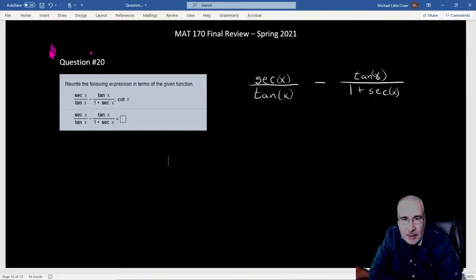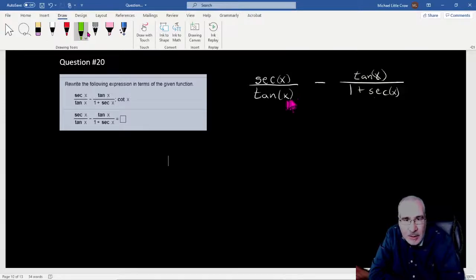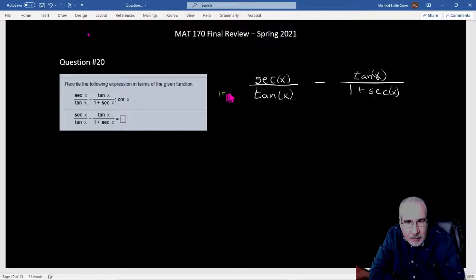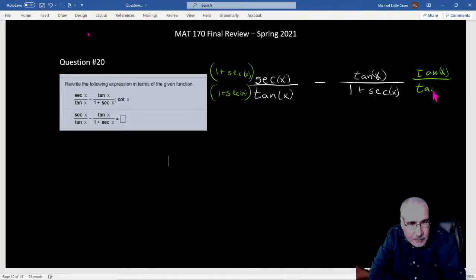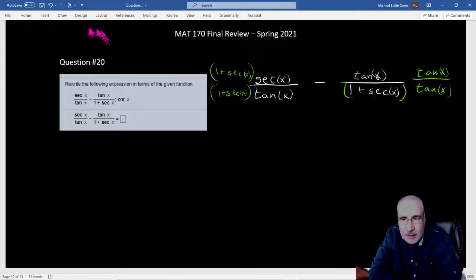So here, this one with the tangent x, I'm going to multiply by 1 plus secant x over 1 plus secant x, and this one over here will multiply by tan x over tan x. So that gives them a common denominator.